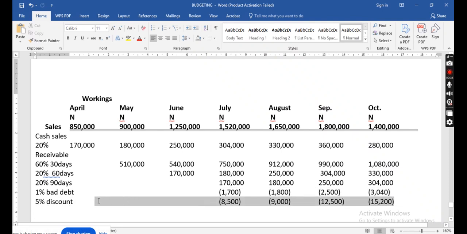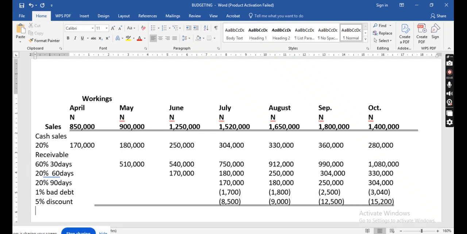Quickly, class. Just add. That's the sales figure minus all the other expenses. You just do July: 304 plus 750 plus 180 plus 170 minus 1,700 minus 8,500.